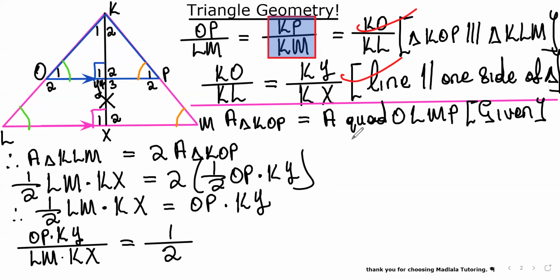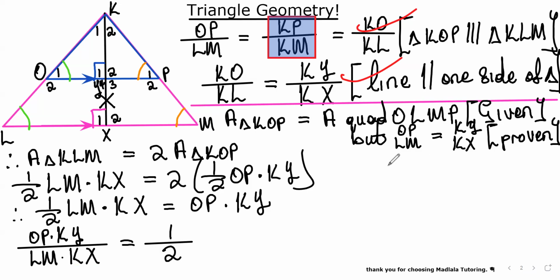So we say, but we know that OP over LM is equal to KY over KX. It was proven above. So what? Well, that's a good question. This means when you see OP over LM, you can choose to write KY over KX. But according to what you're hoping to achieve, you're hoping to prove that KO over KL.